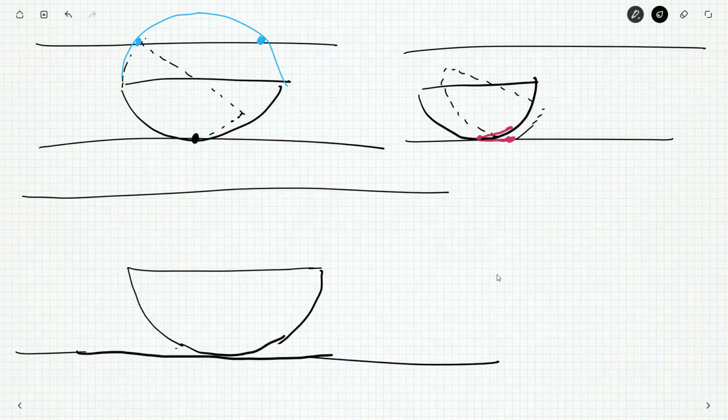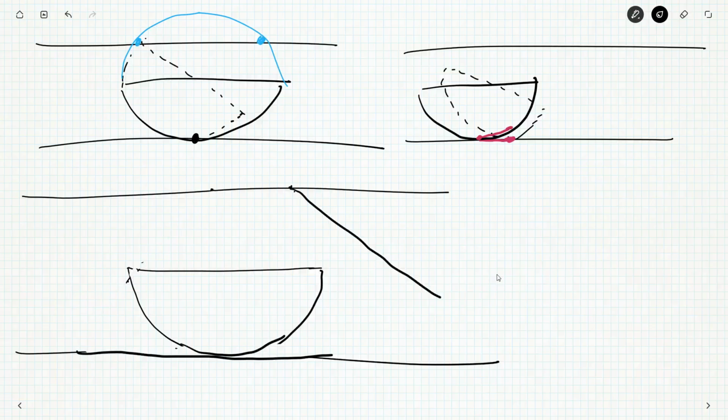Alright, so what does it look like when it's touching? Well, when it's touching up here, first of all, it's not going to quite be up there, I don't think. So it'll be somewhere up here.